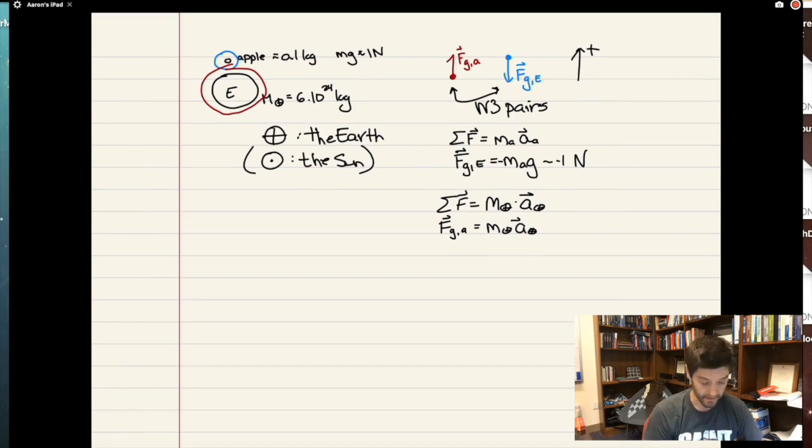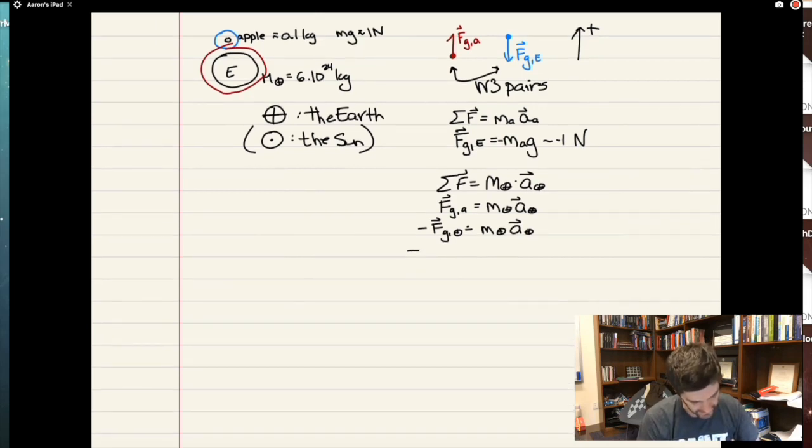But by Newton's third law, this is the same as minus the force of gravity from the Earth on the apple, equals the mass of the Earth times the acceleration of the Earth from the apple. This left-hand side is minus m apple g equals the mass of the Earth times the acceleration of the Earth.